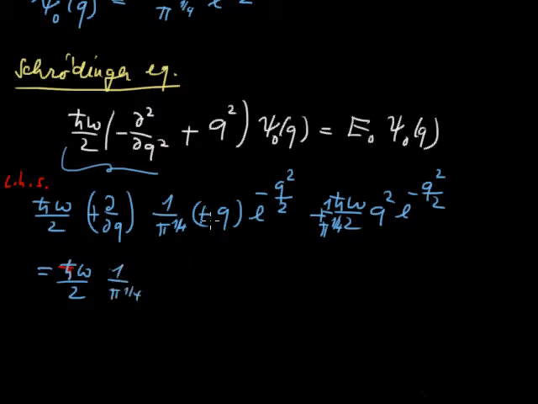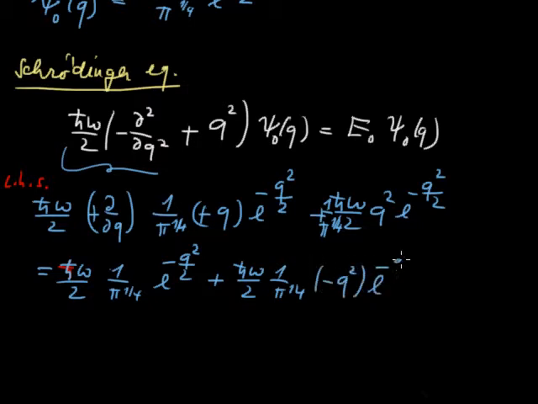Here is the derivative of this, which gives me 1, so it's e to the power of minus q squared divided by 2, plus this whole thing again, and now I'm taking a derivative of this part, which gives me minus q again. So it's altogether a minus q squared e to the power of minus q squared divided by 2, plus 1 over pi to the 1 over 4, h bar omega to the q squared e to the power of minus q squared divided by 2.